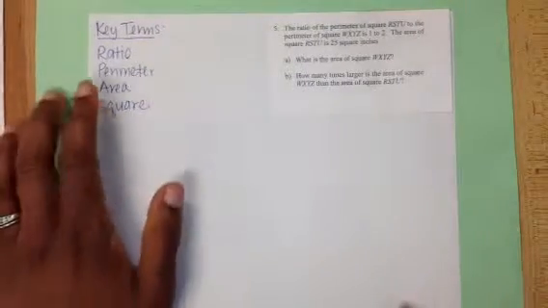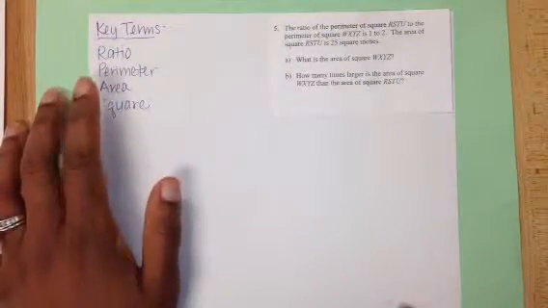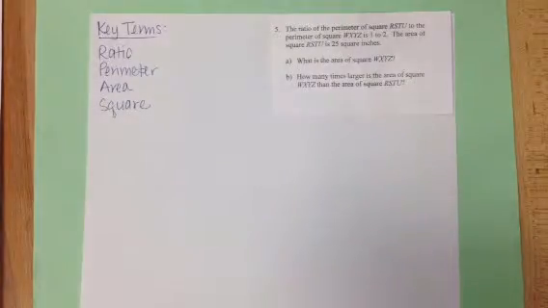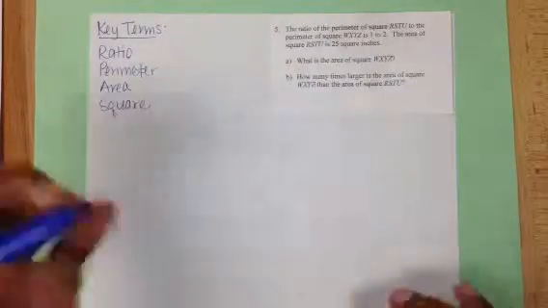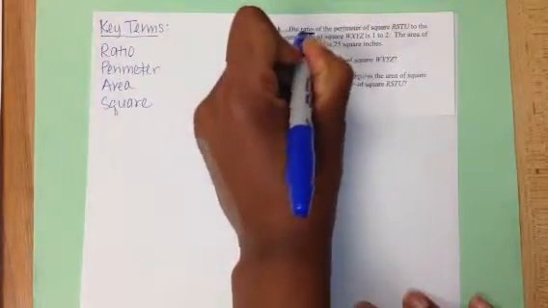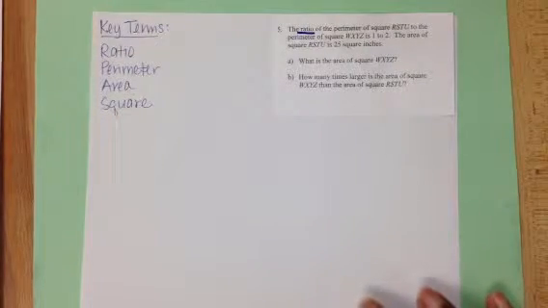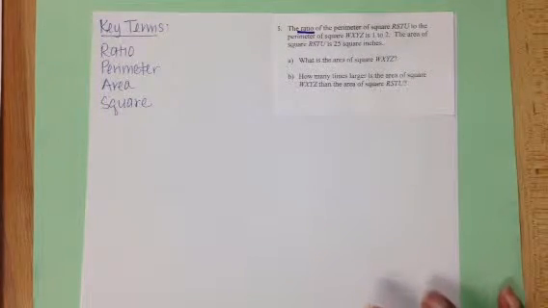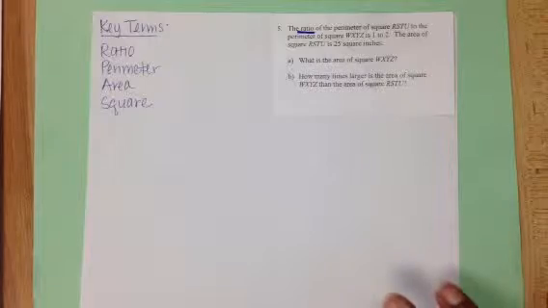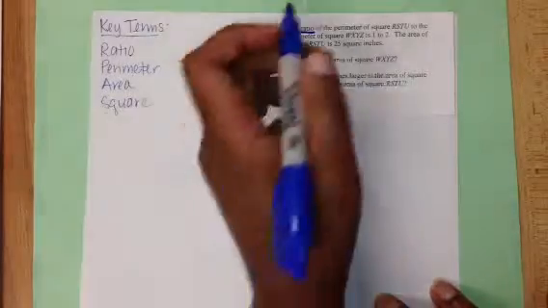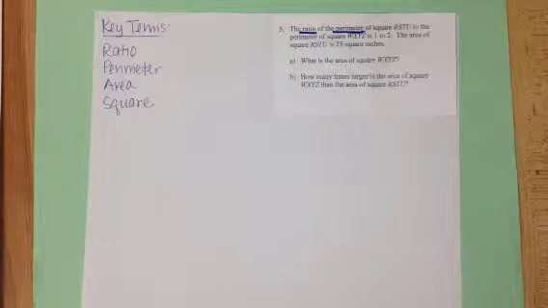Once again, we have our key terms on the left: ratio, perimeter, area, and square. Let's underline those key terms that we see in the problem. Ratio, as we know, is defined as a relationship between two numbers or two quantities. Perimeter has been defined before as the distance around a polygon.